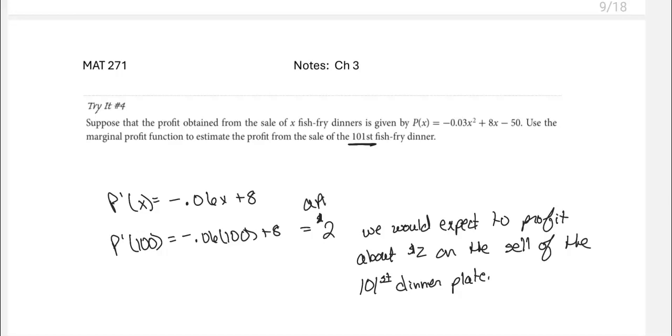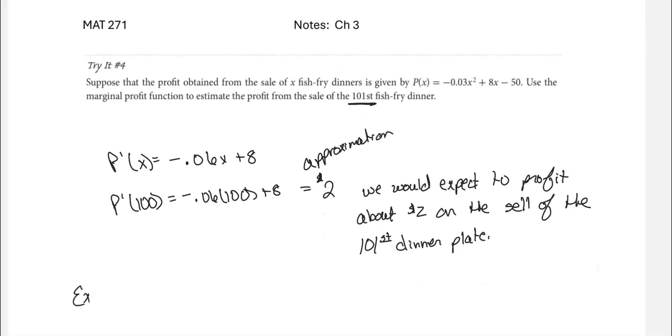So remember, this is an approximation. So to find the exact, just so we could compare, we would find P of 101 and subtract P of 100. This would be the profit for all 101 dinners. This would be the profit of just the 100th dinner. And we're plugging that into this equation. So I'm going to use some brackets here.